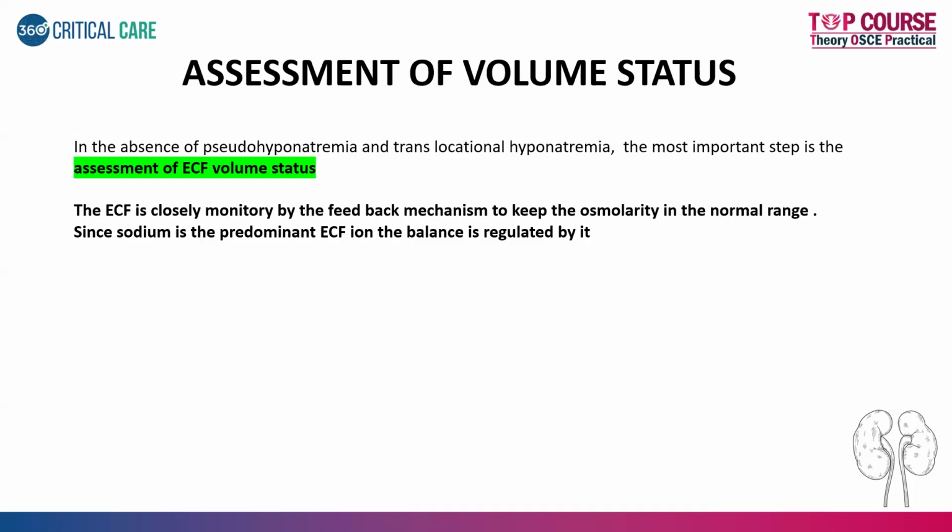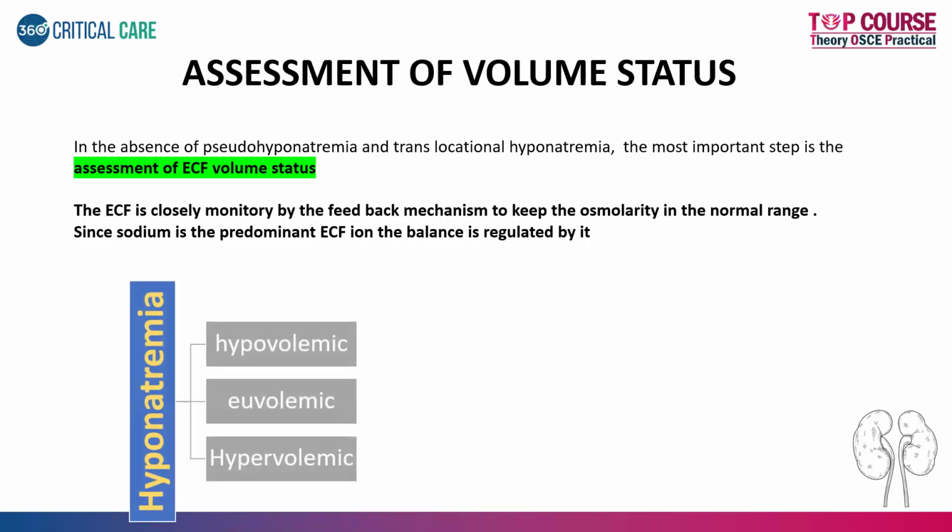It is closely monitored by the feedback mechanism, which I've already mentioned earlier. The feedback is usually to keep the osmolarity within normal range. But if it is unable to do so, the patient usually would end up in these three volume statuses. That is, they might be hypovolemic, euvolemic, or hypervolemic.